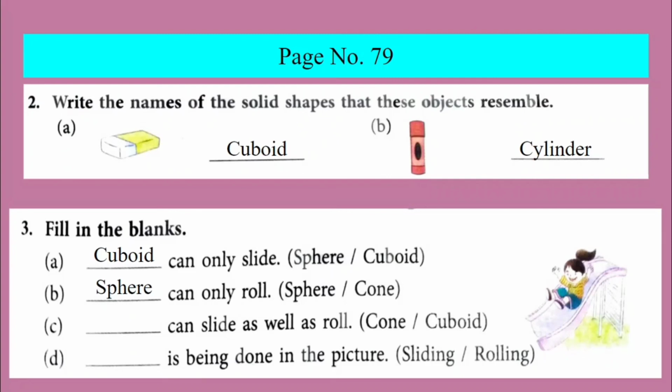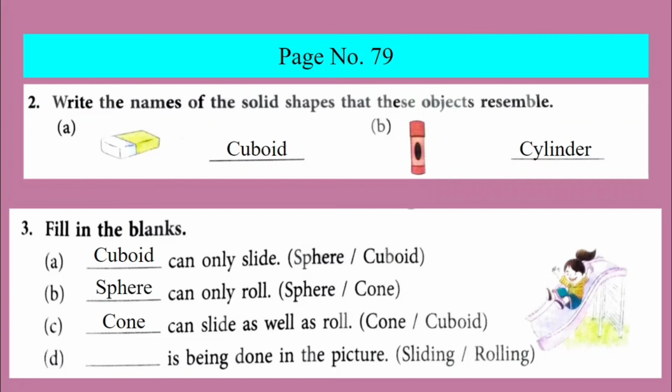Now a cuboid has all sides rectangular, so it can only slide. So which is the correct answer? Yes, a cone can slide as well as roll.